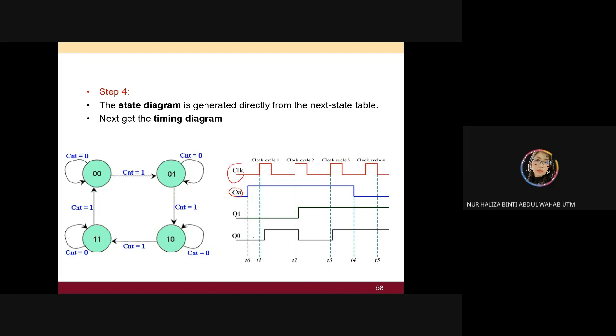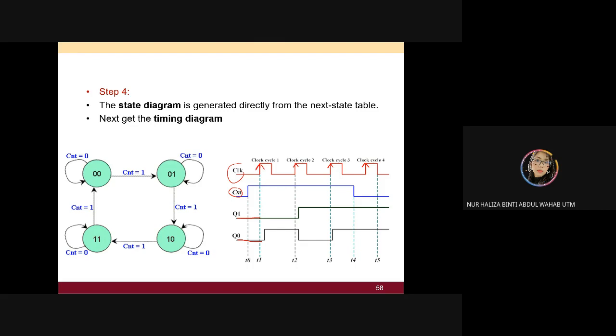You need to derive Q1, Q0. This question, I believe, uses a positive clock, so the circuit triggers at the positive clock edge. There is no change at all until you meet the positive clock.